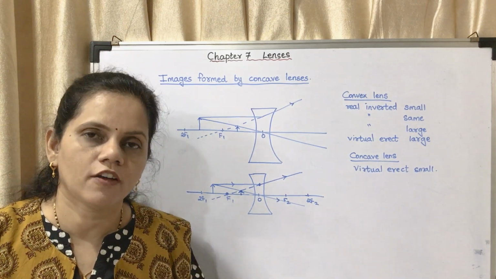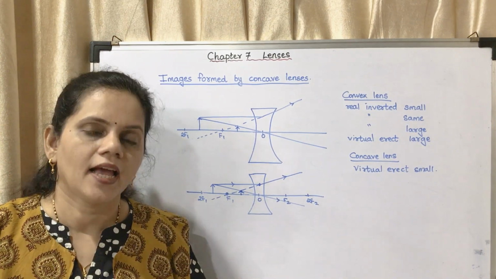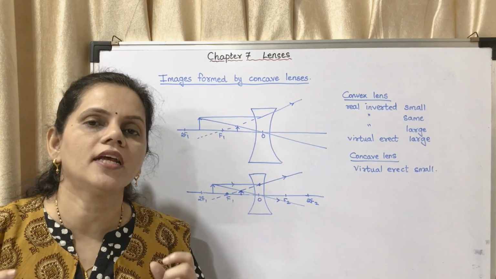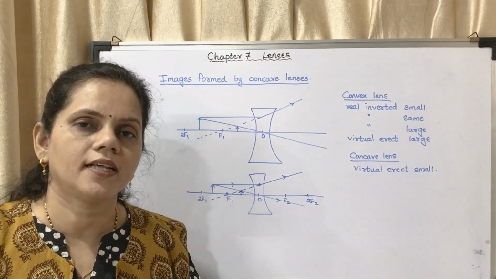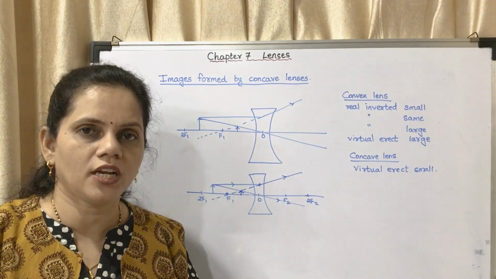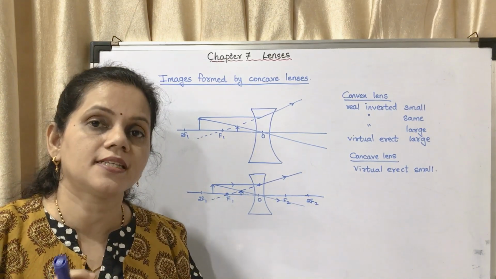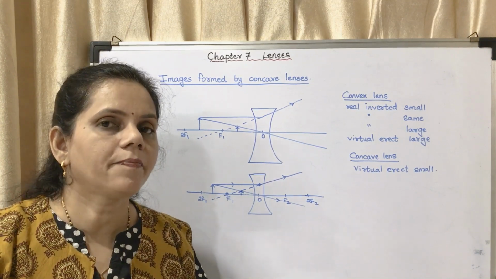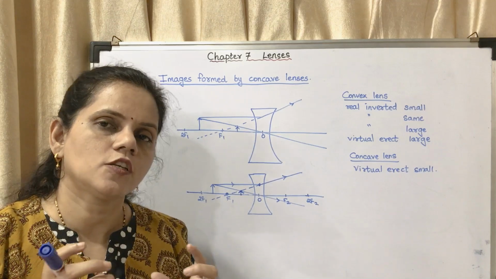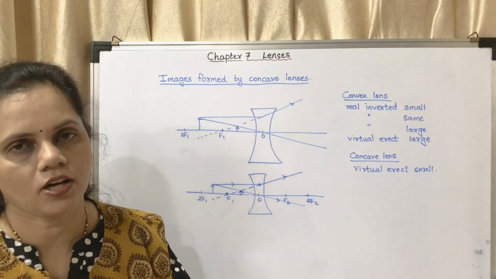So if you have been given a lens and you have to identify whether it is a convex lens or a concave lens, you may see the virtual image. If the virtual image is larger, then it is a convex lens. If the virtual image is smaller, then it is a concave lens.